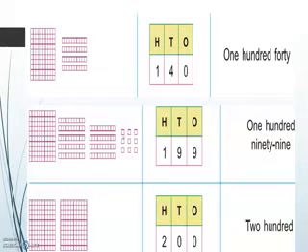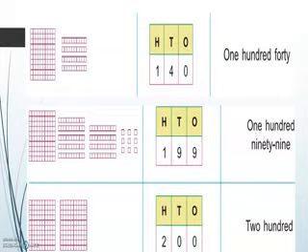And in the ones place, how many ones block are there? 1, 2, 3, 4, 5, 6, 7, 8, 9. 9 ones block are there, so in the ones place we wrote 9. So we got the number 199. You have to learn the spellings also.